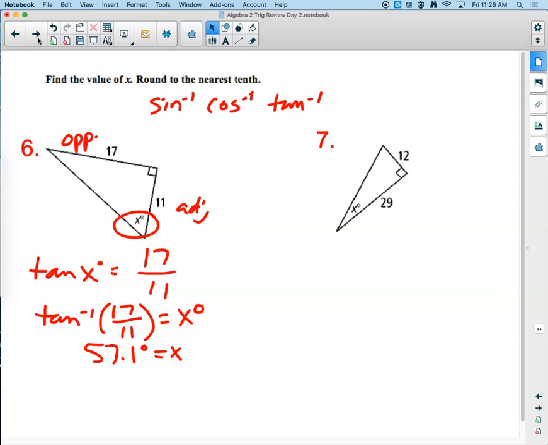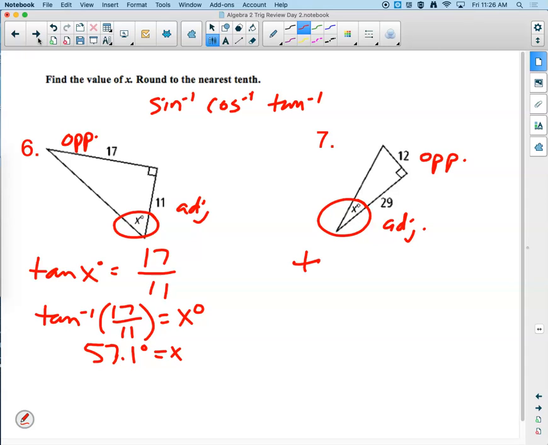All right, let's go after number 7. Here's our angle. What does the 12 get for a label? Opposite. 29. Adjacent. Well, that's the exact same trig function. Tangent of x degrees equals 12 over 29.